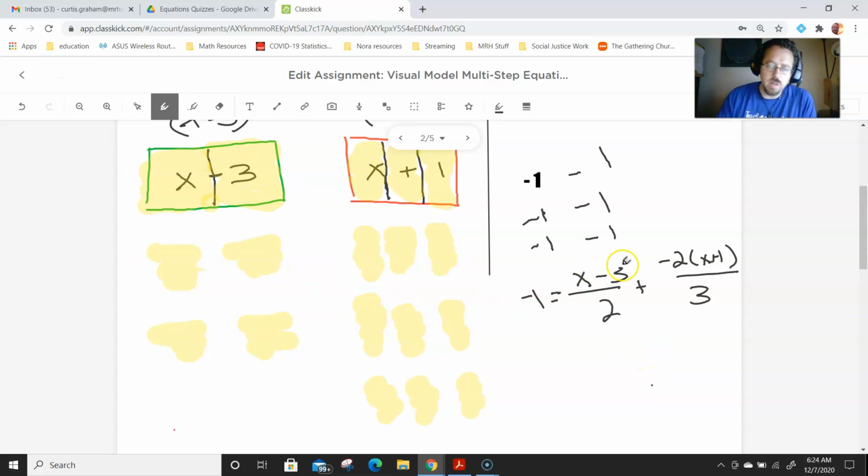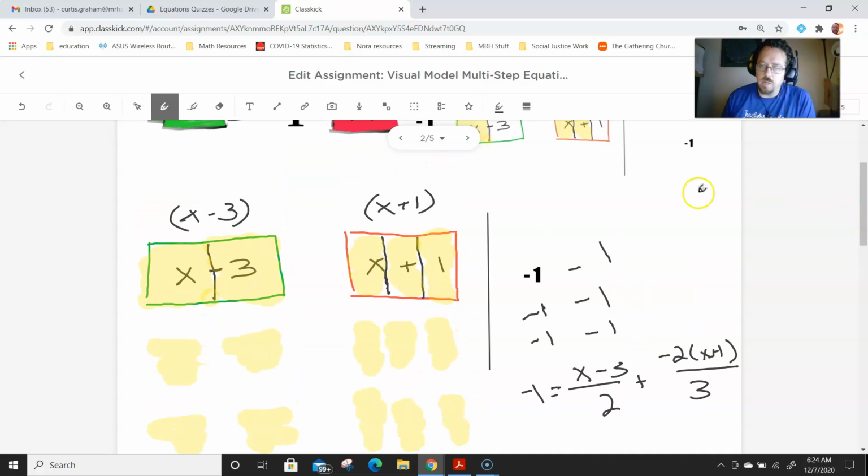So let's talk a little bit and connect this with prior knowledge of things that we've done before. Okay? In the past, if you guys wanted to add 1/2 plus 1/3, you would need a common denominator. The common denominator is 6.